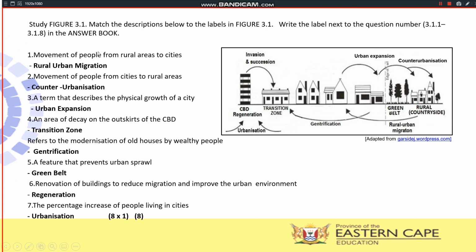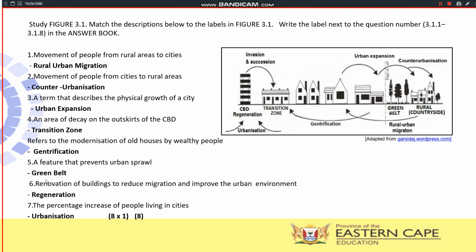This speaks of the movement, rural-urban migration. This speaks to the percentage increase, urbanization. These two are often confused, so please make sure that you know them. This is a typical 8-mark question in the exams. There are many of these types of questions where they give you a diagram and you must be able to identify the concept from the diagram, what it means. So please familiarize yourself with these diagrams and these questions.